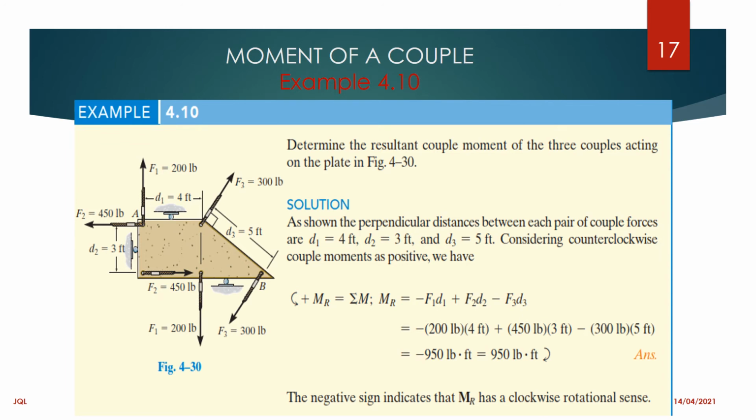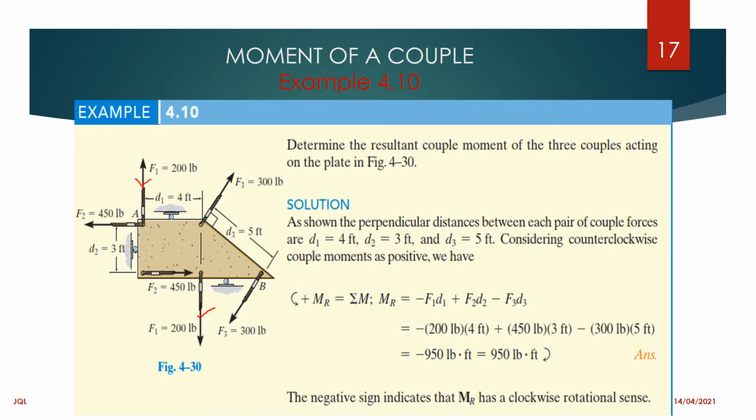Example 4.10. Determine the resultant couple moment of the three couples acting on the plate as shown. Here, you have three couples. So the first one is this one and this one.